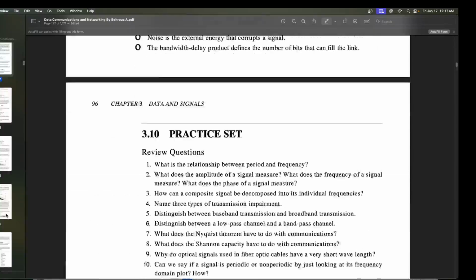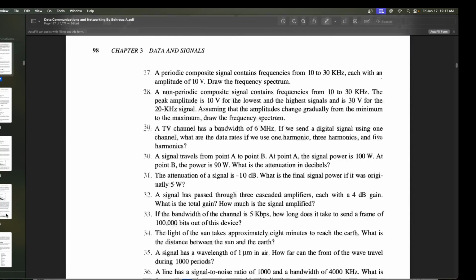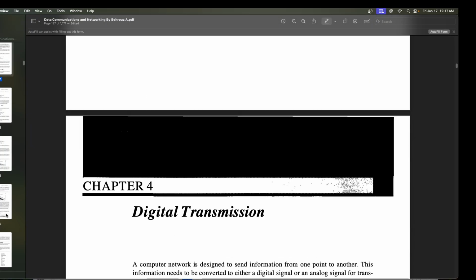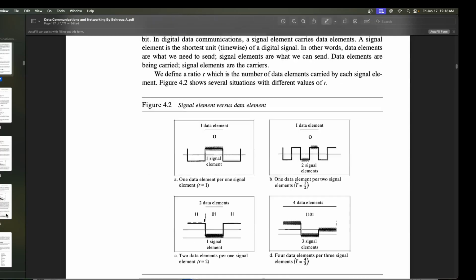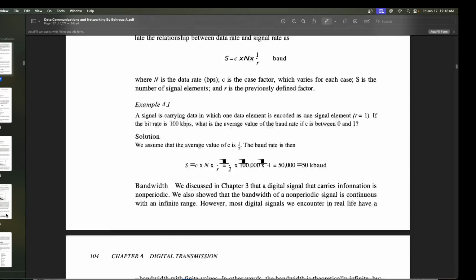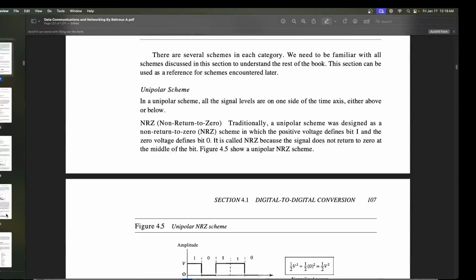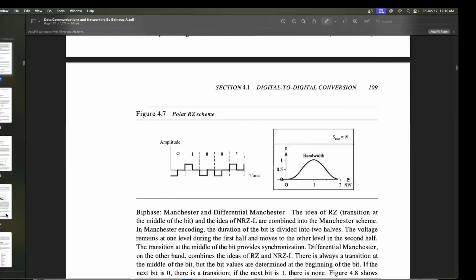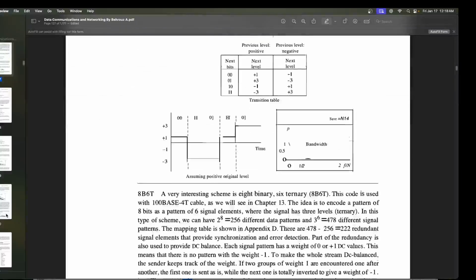Okay, we haven't talked about how digital transmission works, meaning how efficiently digital to analog and analog to digital conversion happens. There are different types of bipolar encoding, but this is not needed for our computer networks right now.